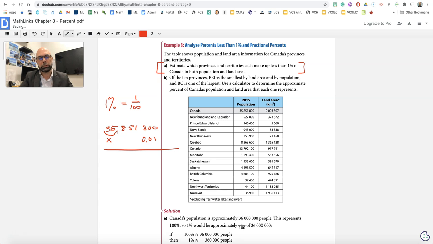Pardon me, that was a boo-boo. 2 spots to the left. There we go. That is 1%. So you've got 358,518. 358,000. That is 1%.